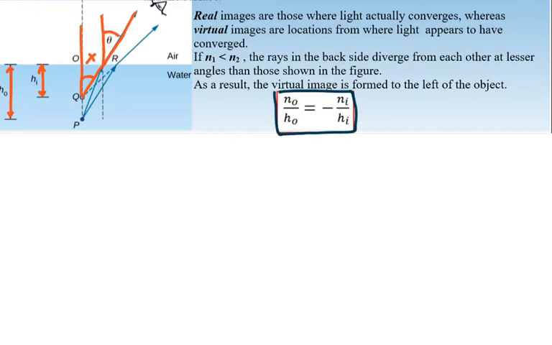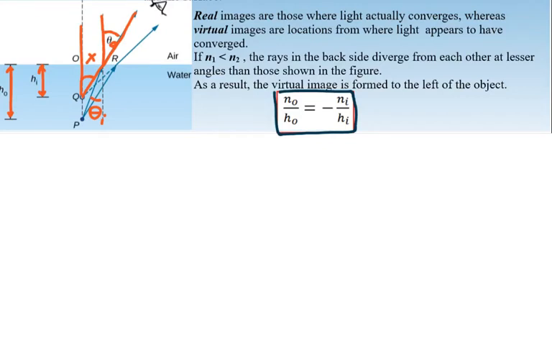So I'm going to say tangent theta, and this is theta O, and this is going to be theta I, because it's incident and refracted.